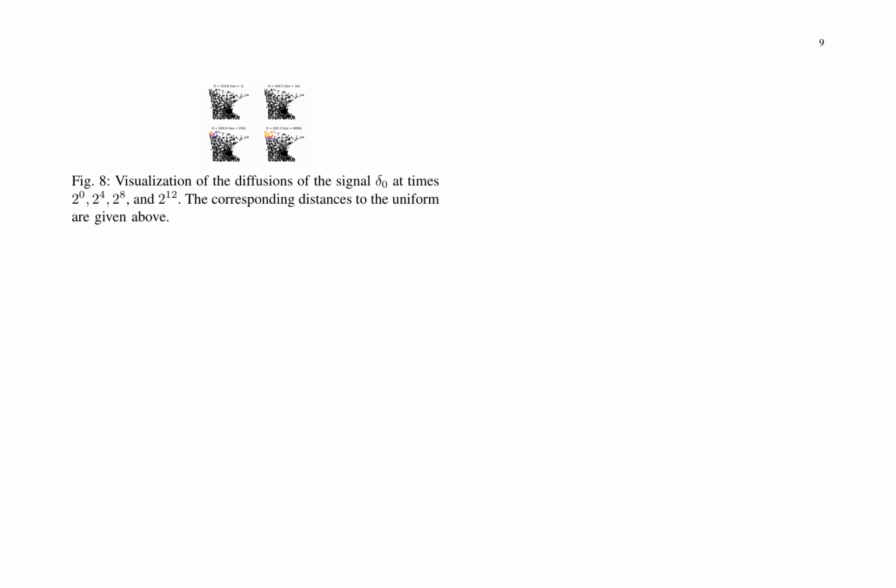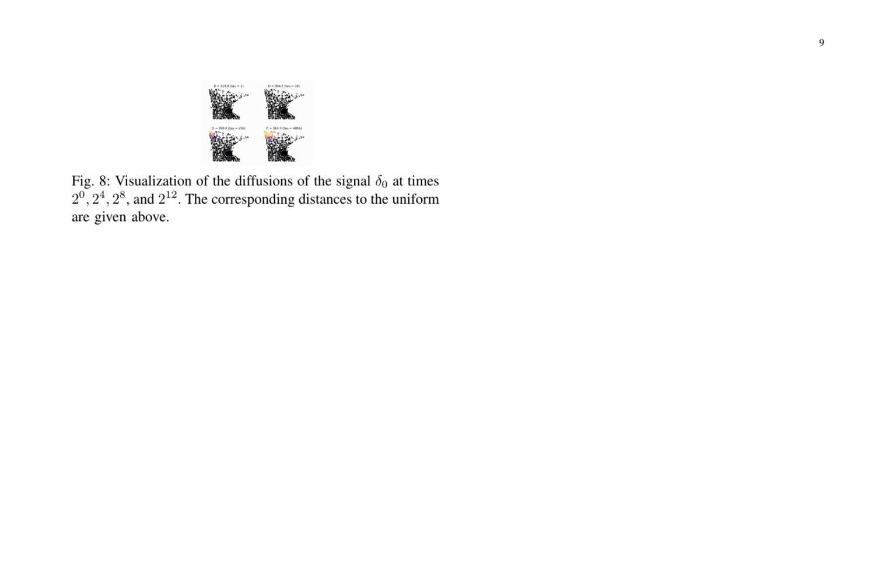By examining the signal at different time points, researchers can gain insights into how the system evolves and how the signal changes its characteristics. The visualization in Figure 8 demonstrates that the signal undergoes significant transformations as it progresses. At time 2^0, the signal appears to be highly concentrated around specific points, indicating a strong non-uniformity in the system.